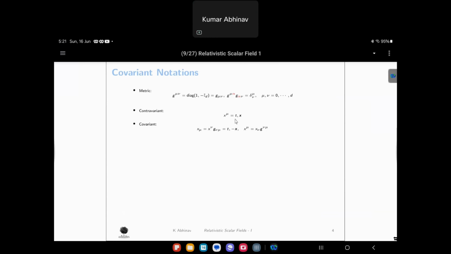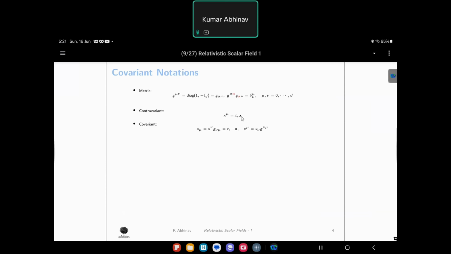Now we can define a contravariant vector. It's a d+1 dimensional vector. If you consider d to be 3, we have a 3+1 dimensional space, our actual physical space that we see in our day-to-day life. And therein, this contravariant vector has the time variable and the position vector.